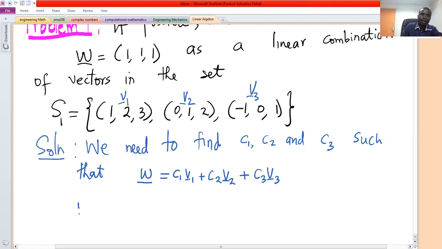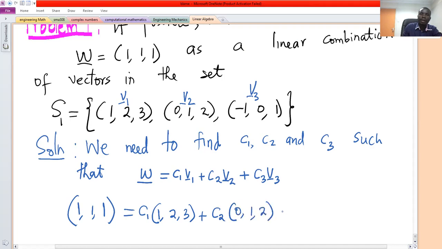So W is (1, 1, 1). And then we have C1 times V1, which is (1, 2, 3), plus C2 times V2, which is (0, 1, 2), and then plus C3 times V3, which is (-1, 0, 1).